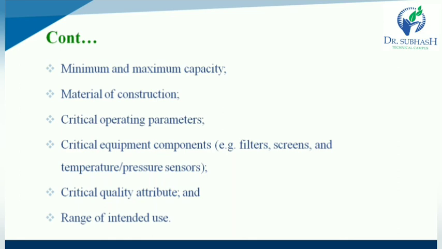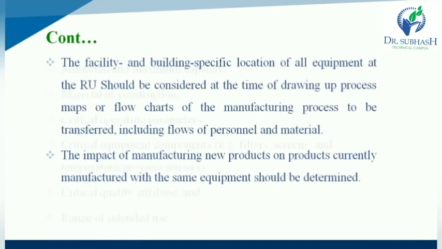So minimum and maximum capacity of equipments, material of construction, as well as operating parameters, critical equipment components, critical quality attributes, and range of intended use are all included.